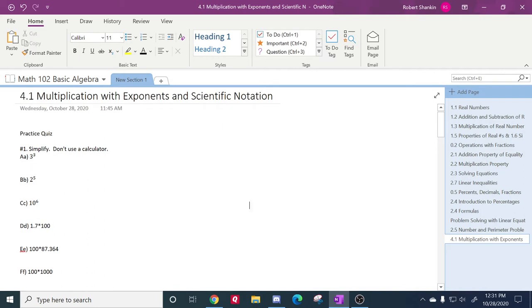We're going to 4.1, multiplication with exponents and scientific notation. Without a calculator, just get the following answers.